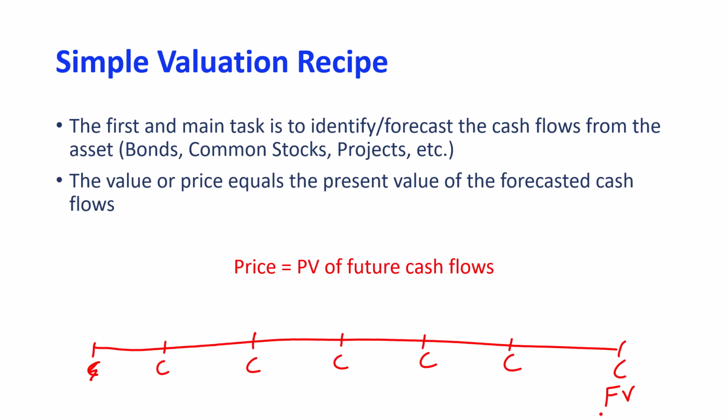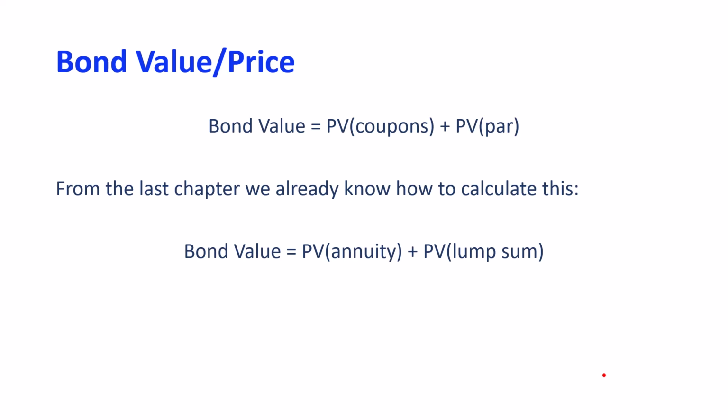All we're doing here is we're finding the present value of the cash flows that we're going to receive from this bond. So what are the cash flows? We have coupons and the par value. And we know how to calculate the present value of an annuity, and we know how to calculate the present value of a lump sum.